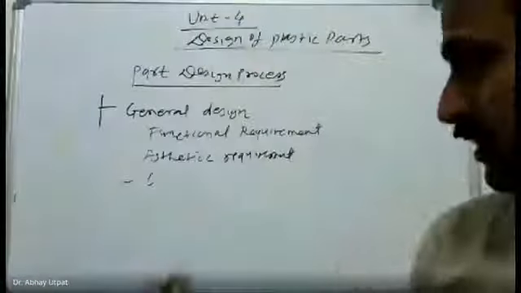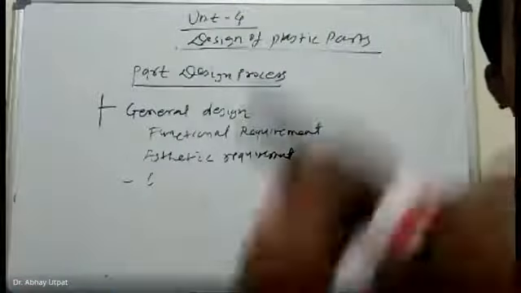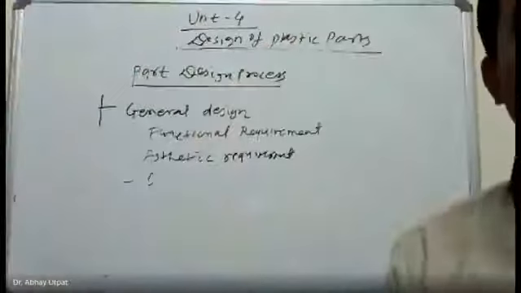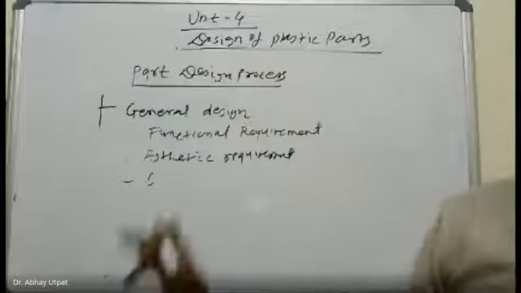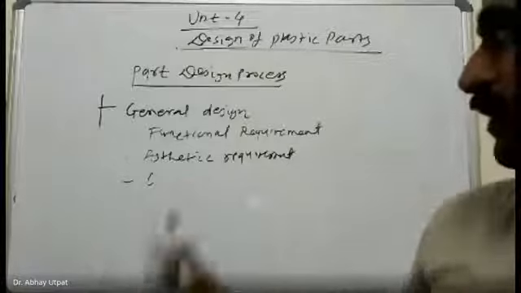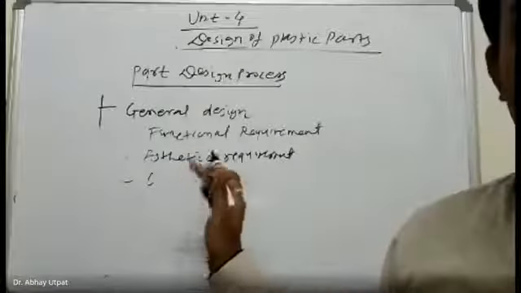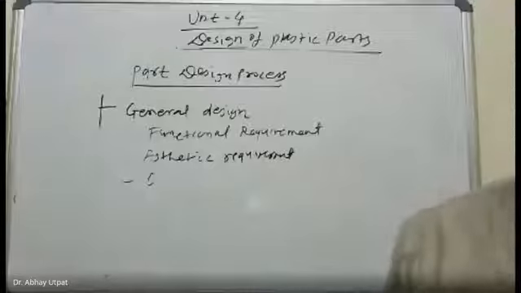Who will tell what is the third requirement? I hope you will participate willingly. Which parameters will you consider for the third requirement? So functional requirement, aesthetic requirement, and the main one is missing.